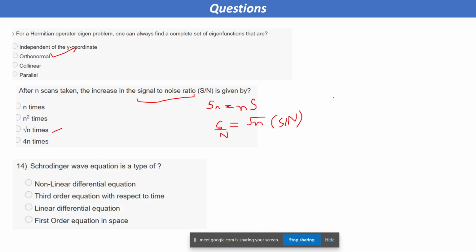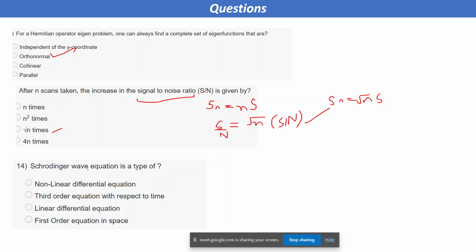So if you take the standard deviation, it is equal to root n times s. If you divide these two, then the answer will be root n s by n. So after n scans, the increase in signal to noise ratio is given by root n times.